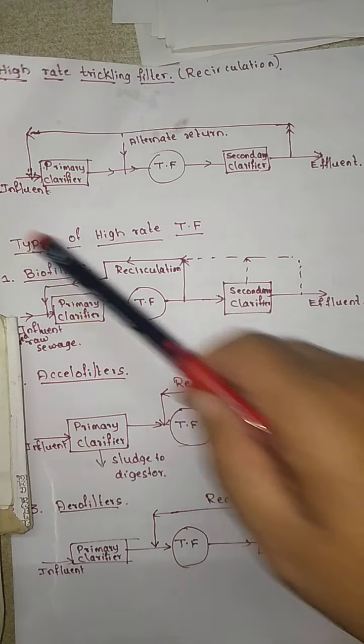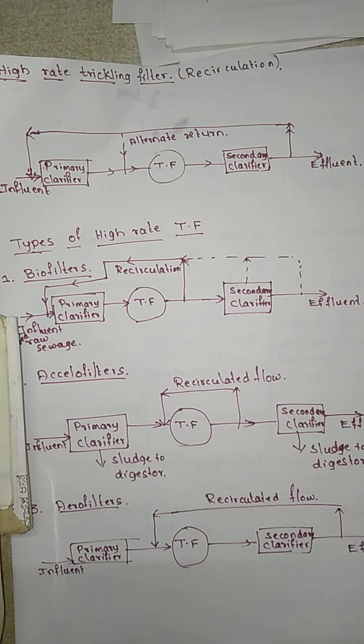So whatever output we get will have a higher degree of filtration. This is the main reason we have this recirculation in the high rate trickling filter.